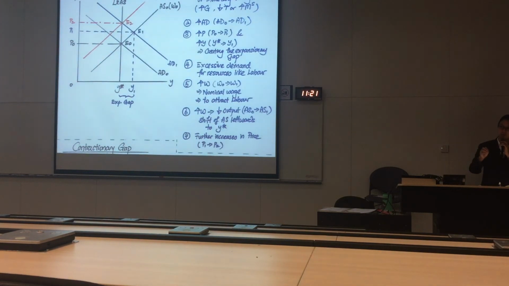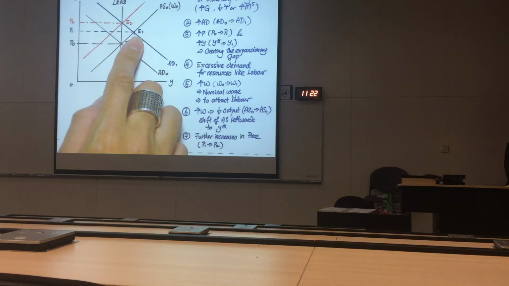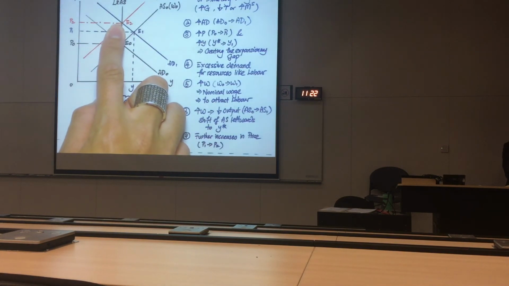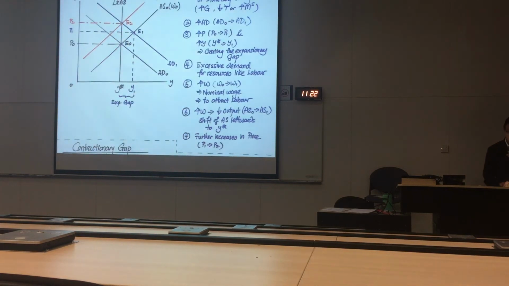The price of inputs will affect your supply inversely. Price of anything, rental, interest, capital, stuff, all increasing will cost more to produce and will cause the supply to shift left. So that's what you see now. The AS will shift to your AS1, and don't need to tell any further story. That brings you back to the long run position.